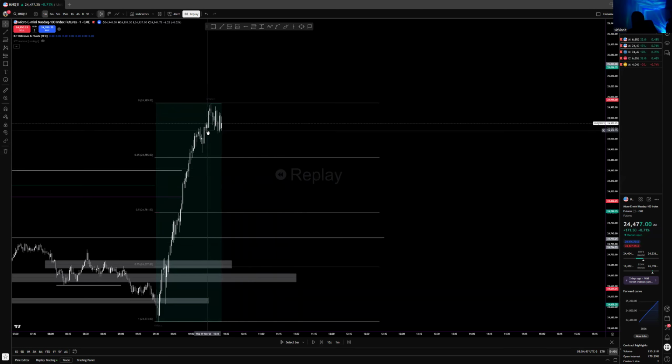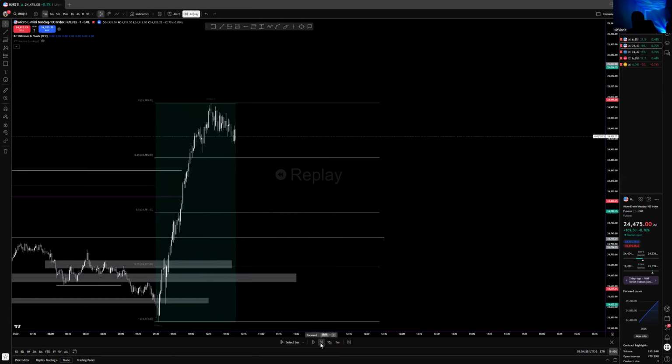Again, as I said, it swept out, came back in, retested that inversion fair value gap, and it's going to keep going down. It's going to do its own way. I don't know, it can go pretty fast or be slow and choppy.